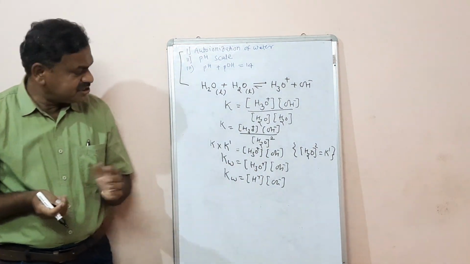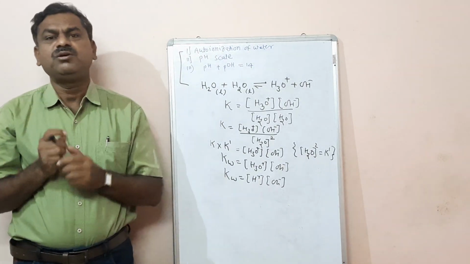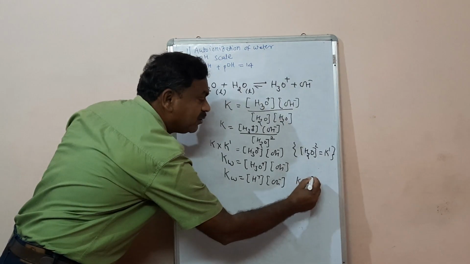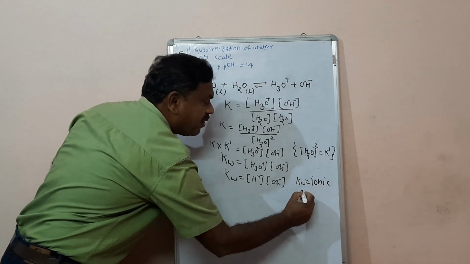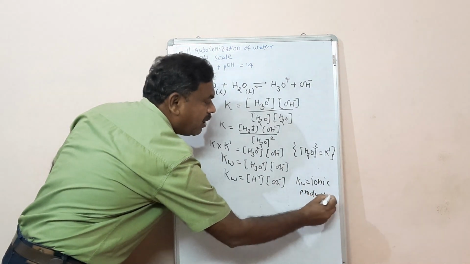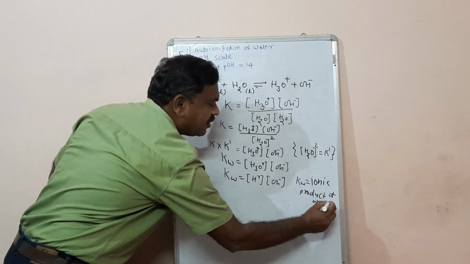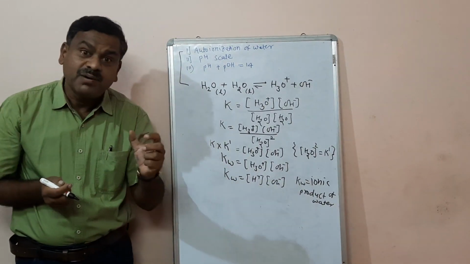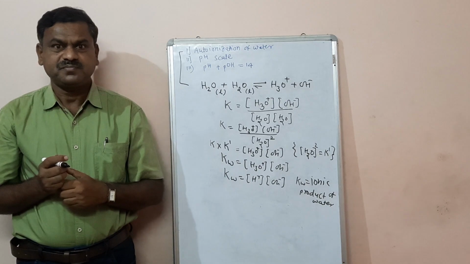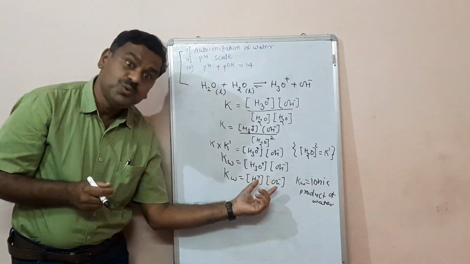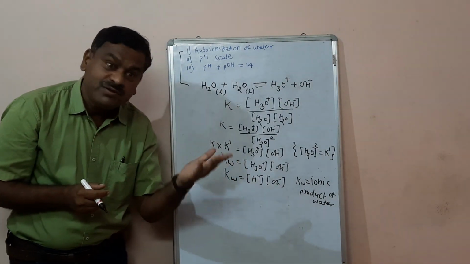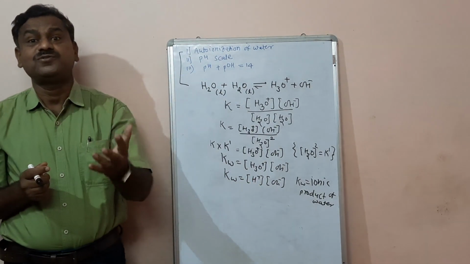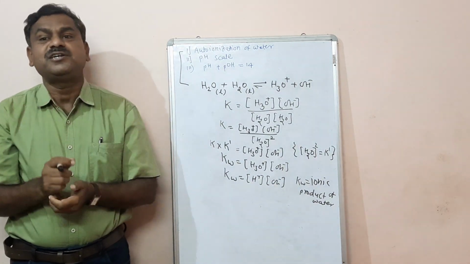And this Kw is nothing but the ionic product of water. Kw equals ionic product of water. Means the ionic product of water is nothing but the product of hydrogen ions and the hydroxyl ions at a given temperature.